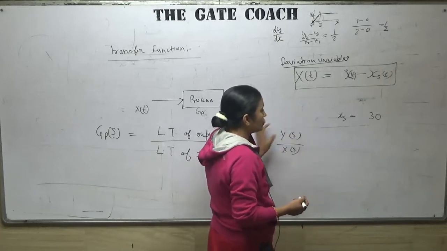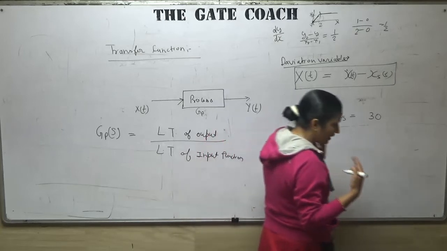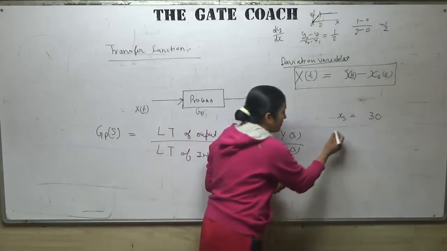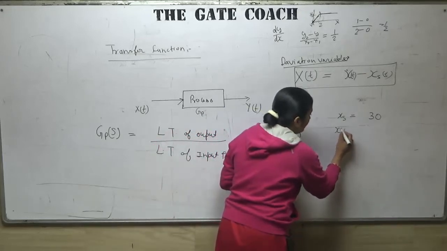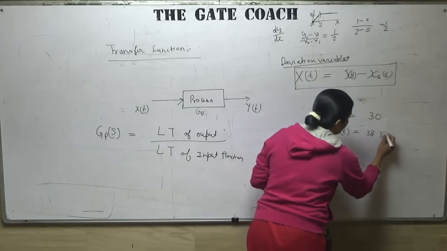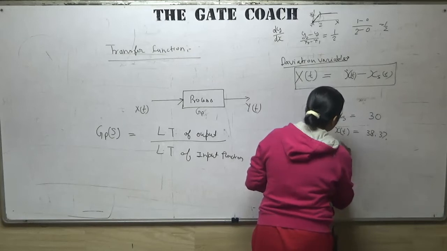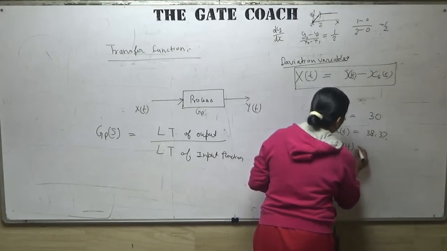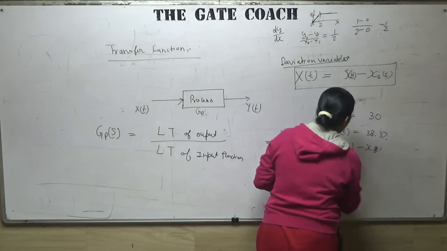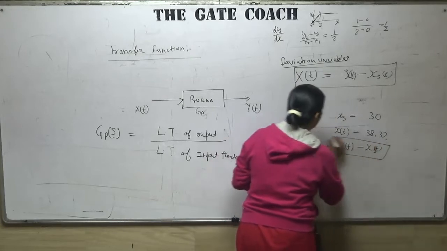But your thermometer will not get exactly 40 degrees centigrade, it will be less than that. That is your process temperature at that time. The value of that temperature may be 38, it may be 37, it may be anything. So the difference between the process condition at any particular time t minus the steady state value is termed as the deviation variable.